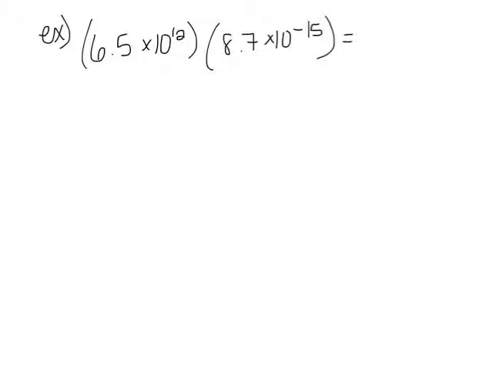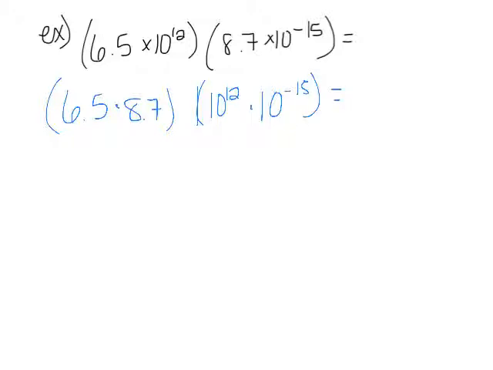So the first thing that I want to do is rewrite it to say 6.5 times 8.7, and then in parentheses I'm going to have 10 to the 12th times 10 to the negative 15th. And when I do 6.5 times 8.7, I'm going to get 56.55 times 10 to the negative third.